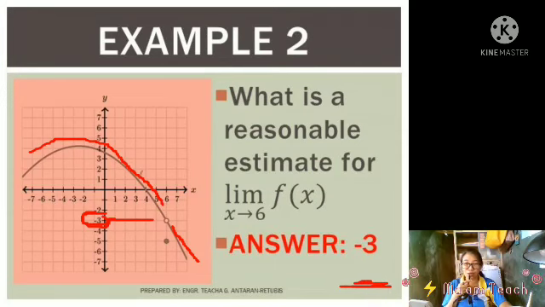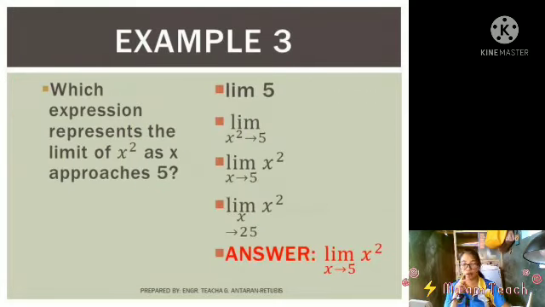I hope you get it. By the way, this was example 2, and now we have example 3, our last example. Which expression represents the limit of x squared as x approaches 5?